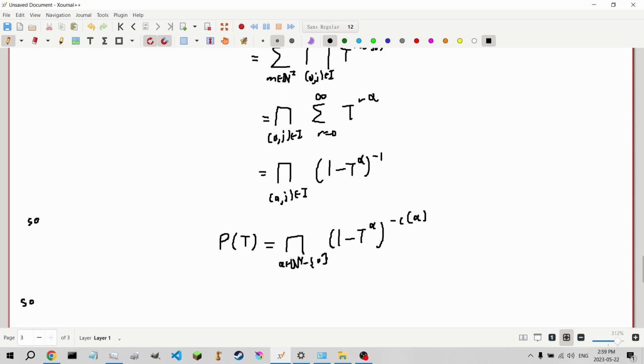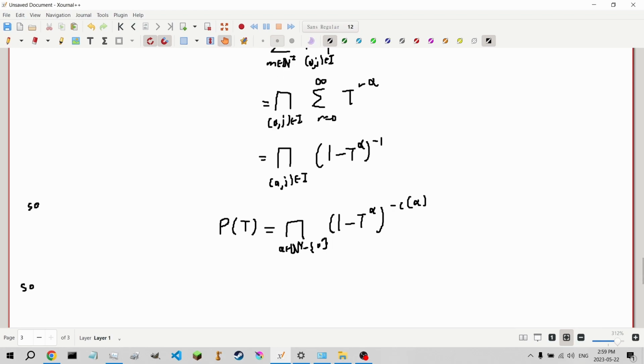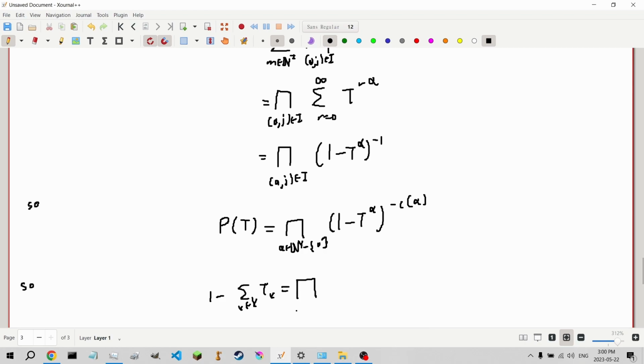So by comparing this with our previous result, we get that 1 minus the sum across x in X of t_x is equal to the product of α being in N^X minus 0 of 1 minus t^α to the c_α, which gives our B.